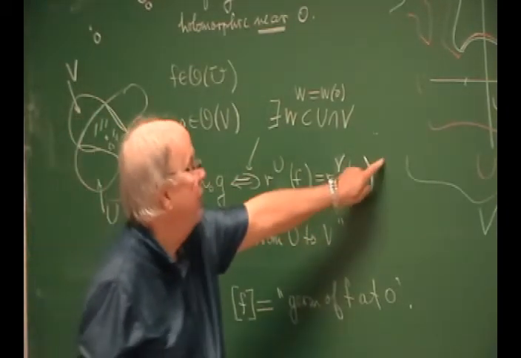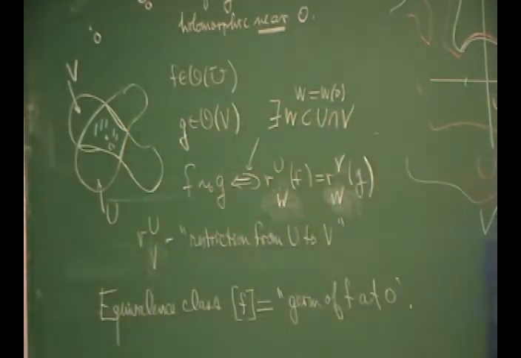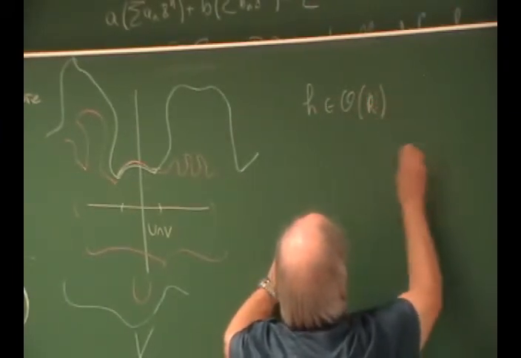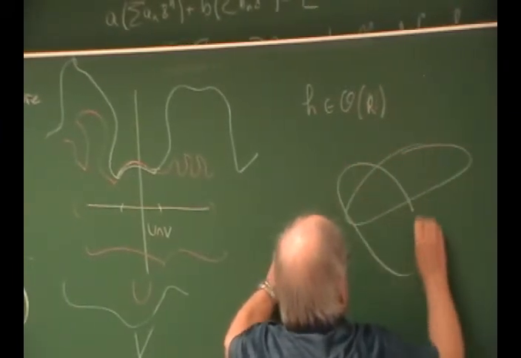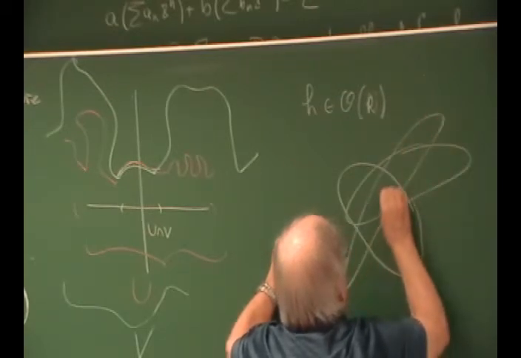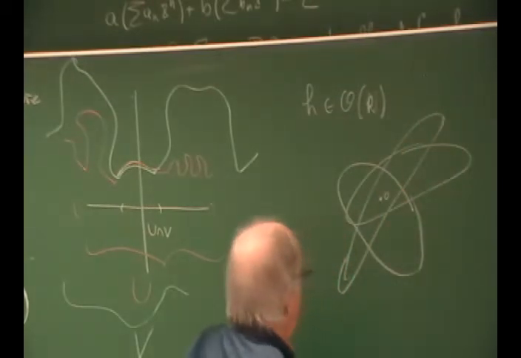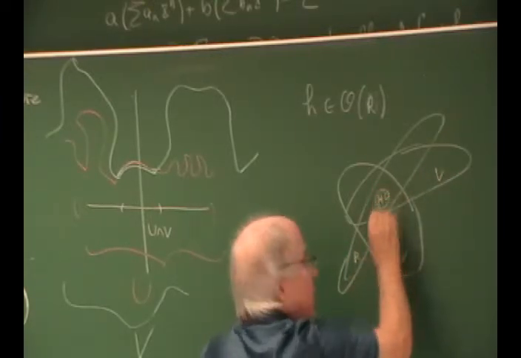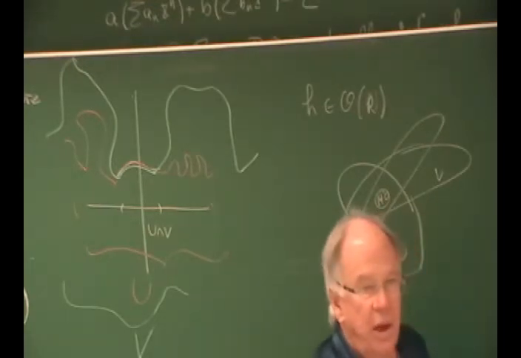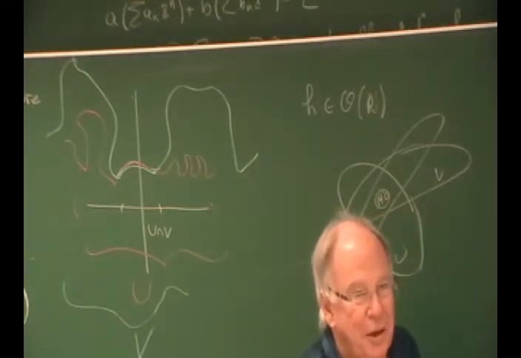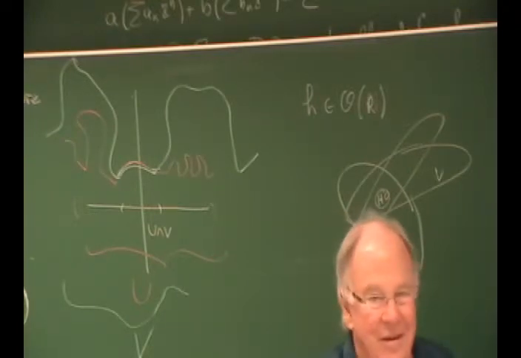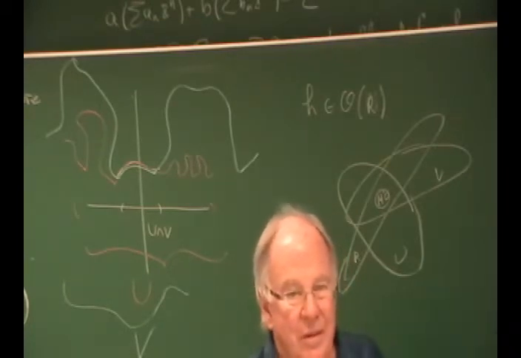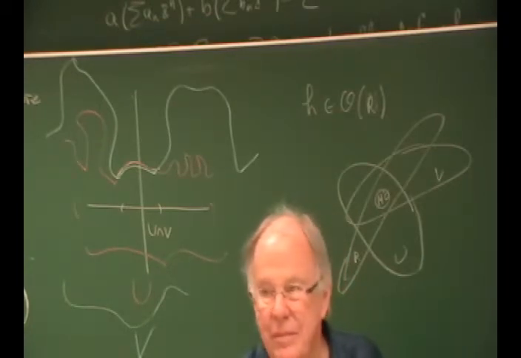Now, this is what Nico is worried about. If we have U, V, and R, I just make sure that I'm in the intersection of all three. And then the transitivity of the equivalence relation is okay.